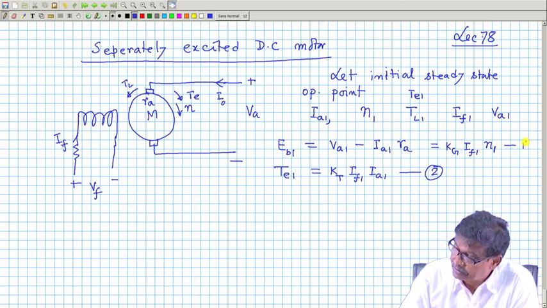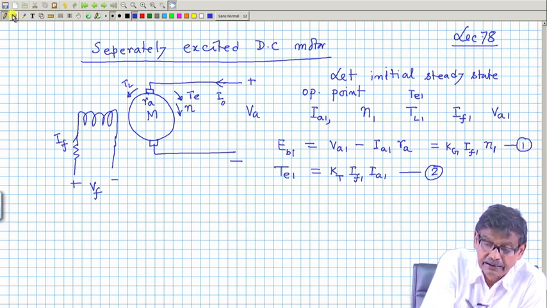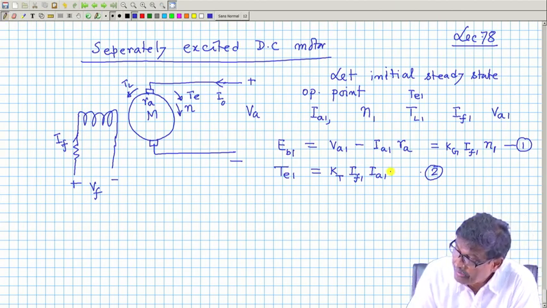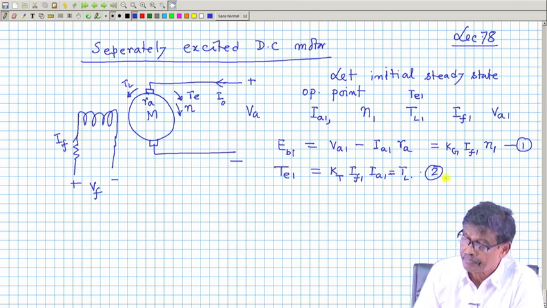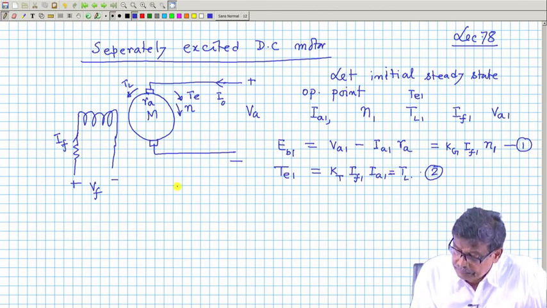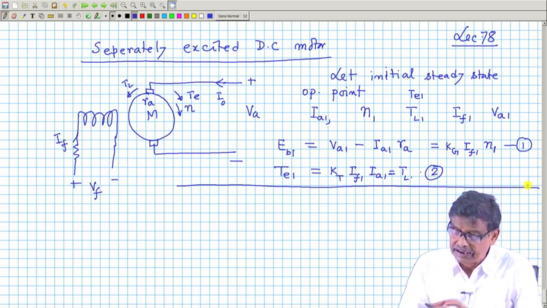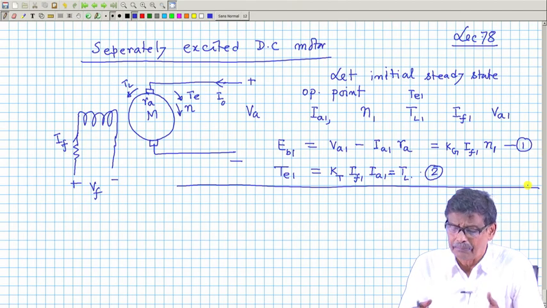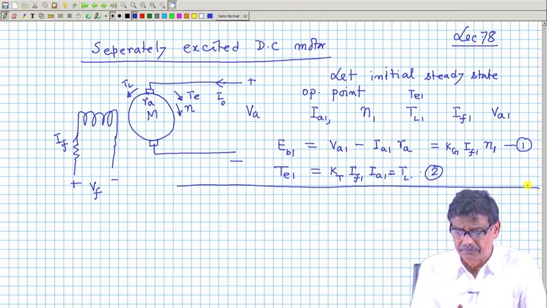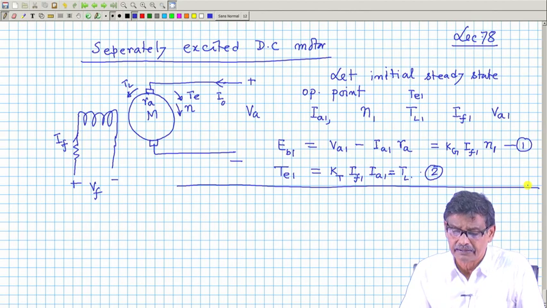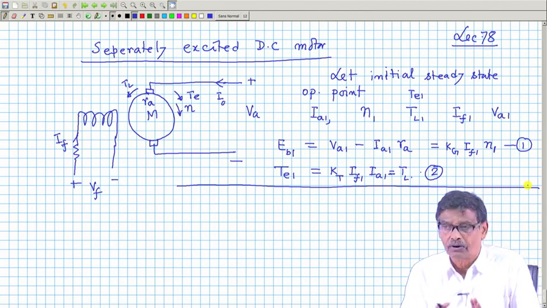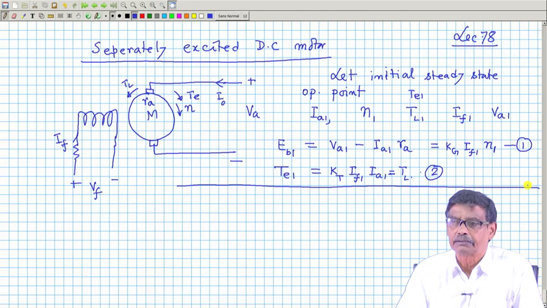This is equation 1, and here I will write this equal to load torque TL1. Now, suppose I change some applied voltage across the armature, or field voltage, or field current, or load torque. All things I have changed, a perturbation I have done.